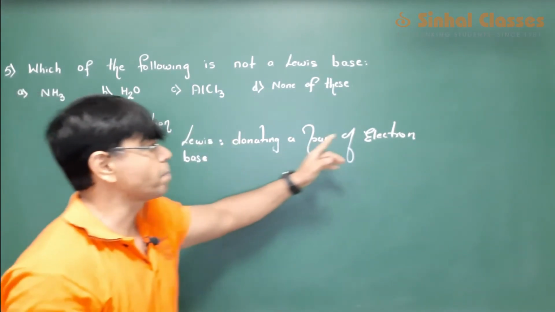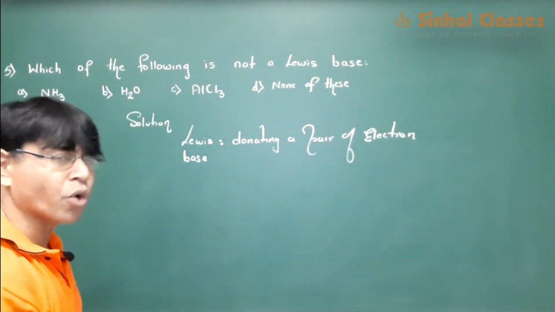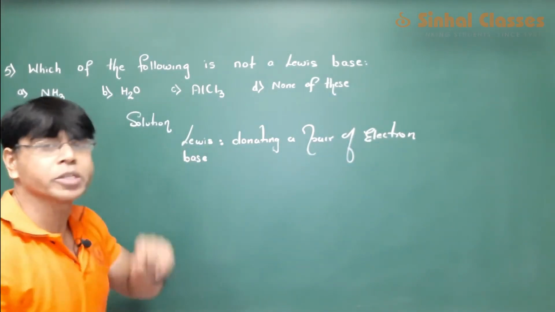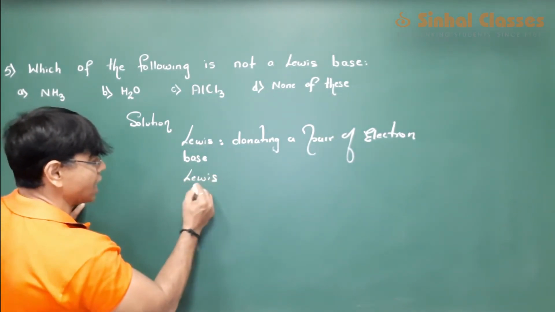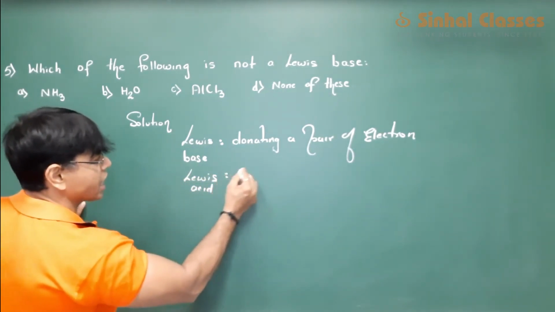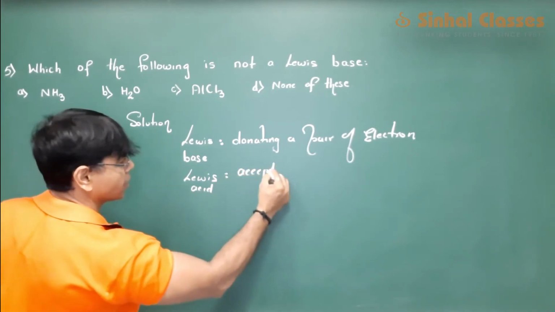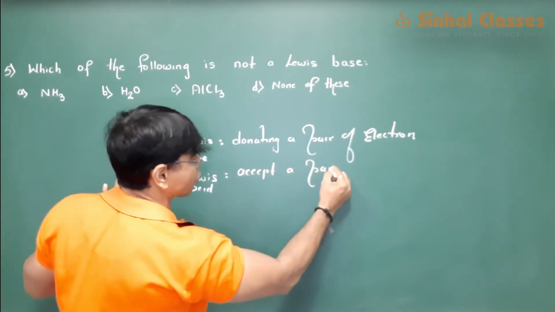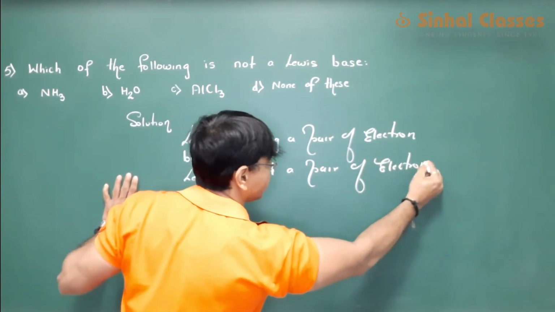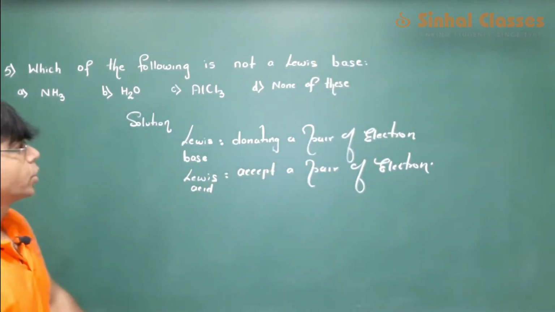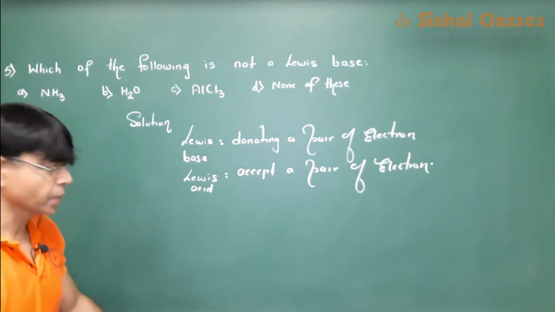The one who donates a pair of electrons to form a coordinate bond is called a Lewis base. And a Lewis acid accepts a pair of electrons to form a coordinate bond.